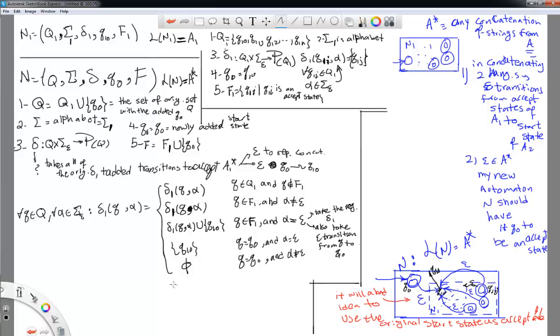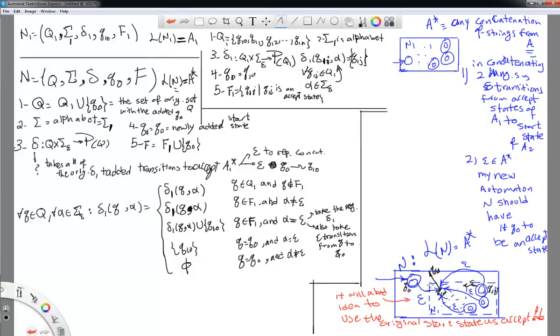So this effectively constructs a new non-deterministic finite automaton, N, that represents a machine that accepts any string from N sub 1 because it processes delta sub 1 as you see here, as well as any concatenations of any strings from N sub 1, because it has epsilon transitions from all of the accept states into the original start state, effectively representing any number of concatenations of any string that is already accepted by your language, in any number.